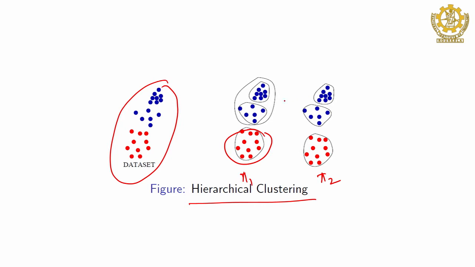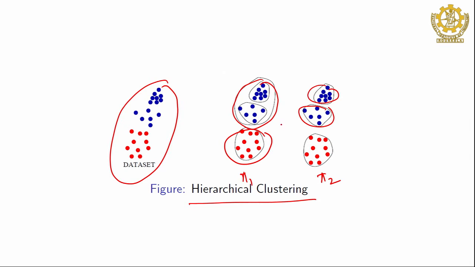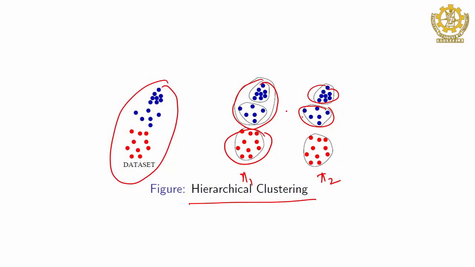There is one single cluster and then this single cluster is again divided into 2 clusters. So, across the clusterings in the hierarchical clustering approach, you have the subset superset relation, because this is a subset of this one and this one is a superset of this cluster, but within a clustering there is no such relation.